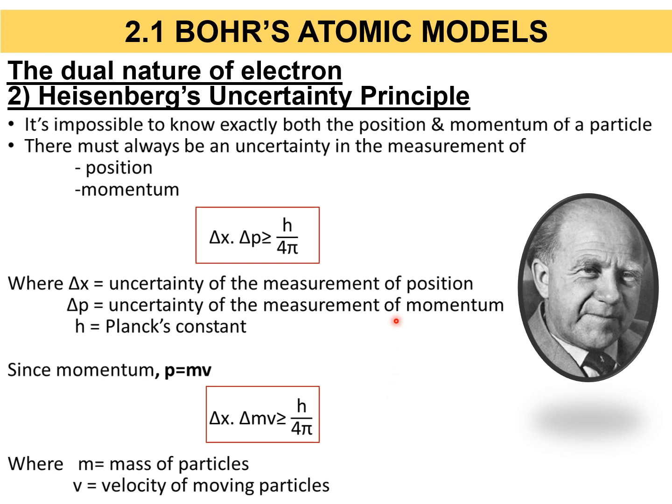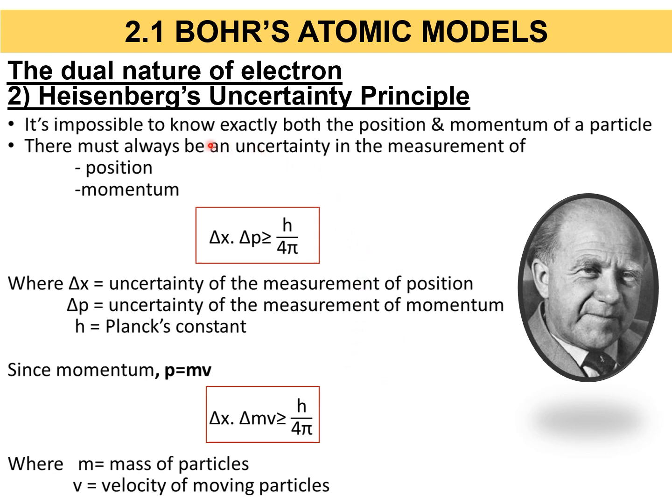Okay, basically dual nature of electron ni, since Bohr's atomic models fail to explain the dual nature of electron, makanya that's why lah ada de Broglie's postulate and also Heisenberg's uncertainty principles. Kita tak guna pun sangat diorang punya formula and calculation ni, tapi you kena tahu saja, okay?